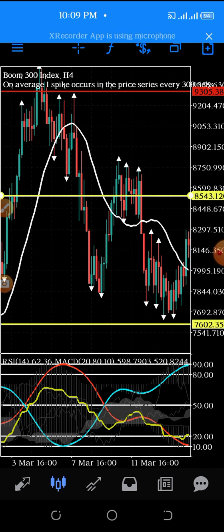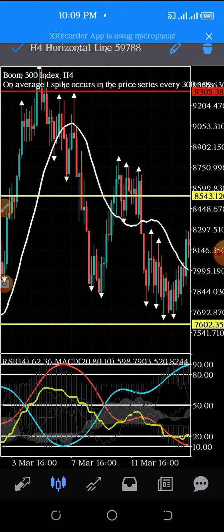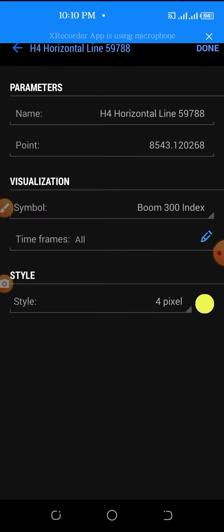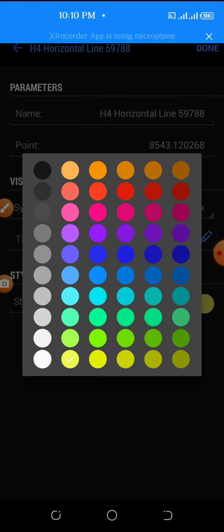And if you want to change the color of this line, just tap and hold it. When you tap and hold, see the options up here. Click on this pencil sign, then come to this window. Click on this color, the last style, and change to any color you like.